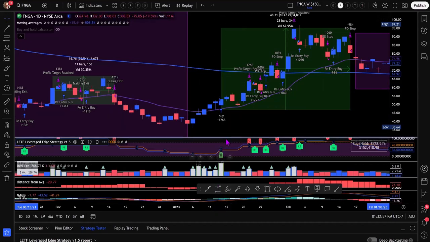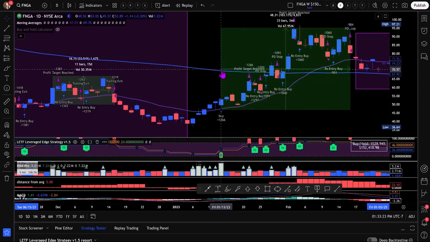You can see the date down here at the bottom, but this buy takes place on January 13th of 2023. So if I wanted to set this so that any buys that took place below that moving average did not happen, instead I only had buys that took place above the moving average, how would I do that?